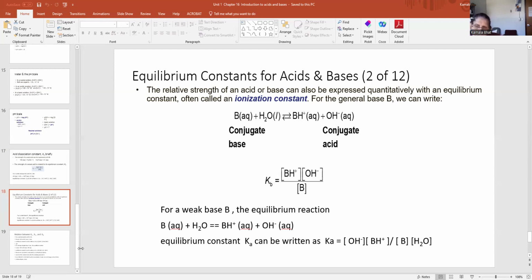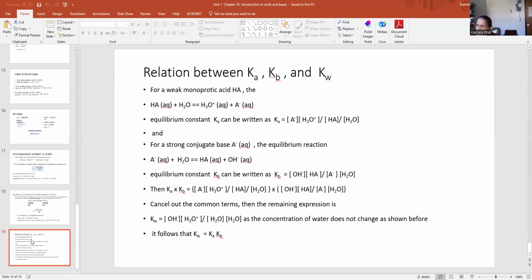But if we keep the H2O, then I want you to see what is the relation between Ka, Kb, and Kw. Now here, Kb is for the conjugate base of the weak acid. The equilibrium constant for the acid is written as H3O+ times A- divided by HA times H2O concentration.